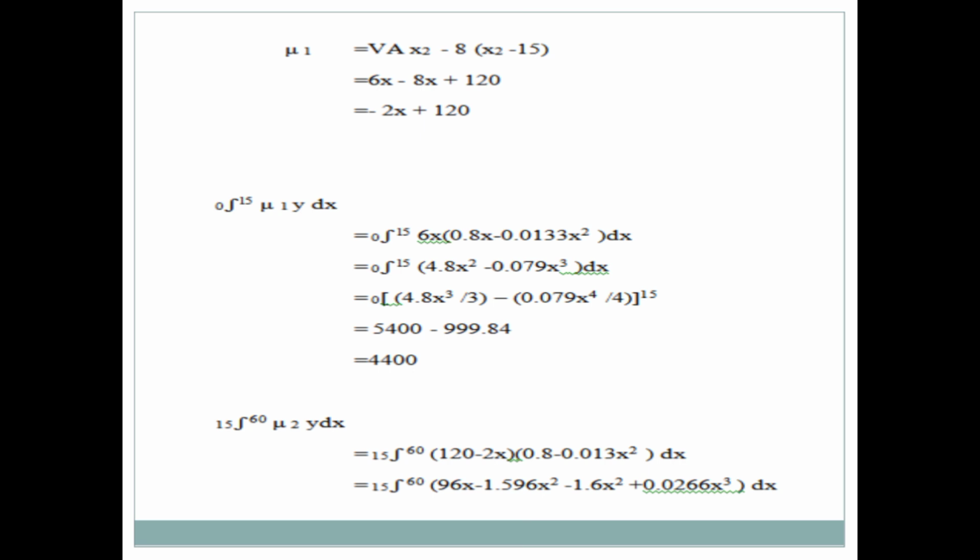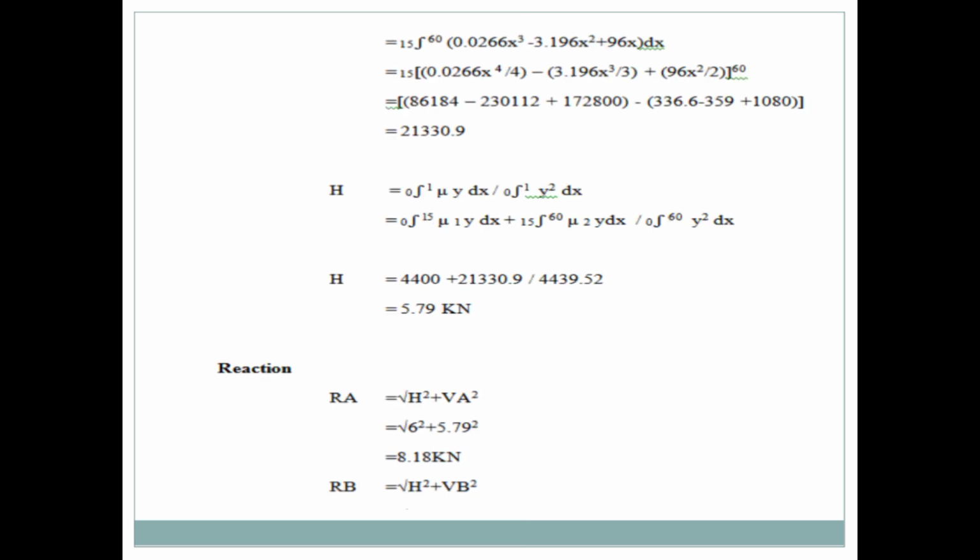And next, limit 15 to 60, mu2 y dx is equal to integral limits 15 to 60 into 120 minus 2x into 0.8 minus 0.013 x square dx. You are getting the values. The final value is 21330.9.